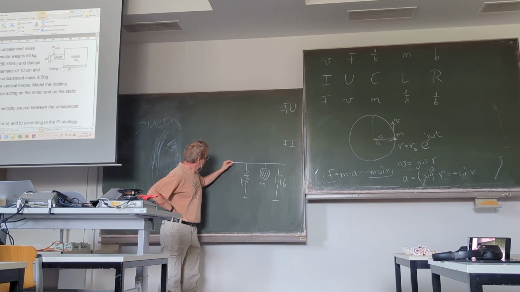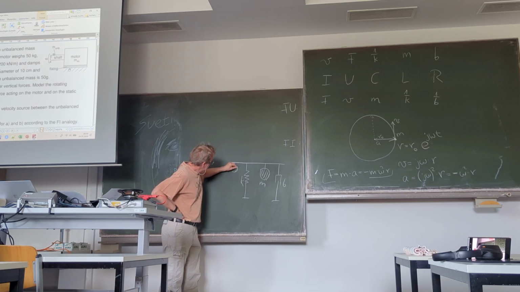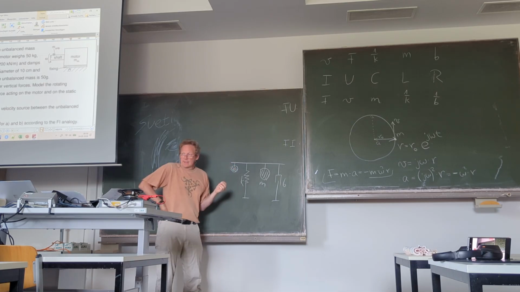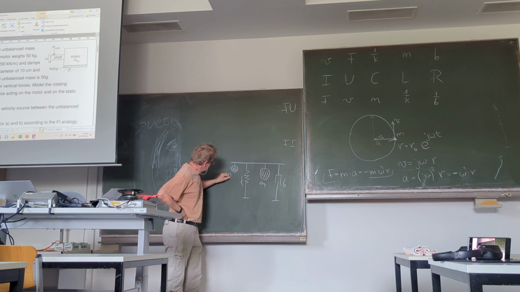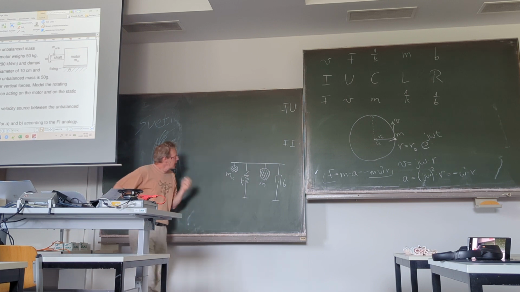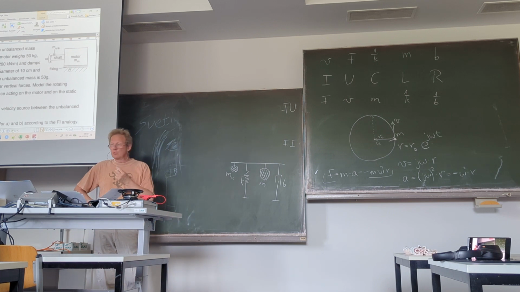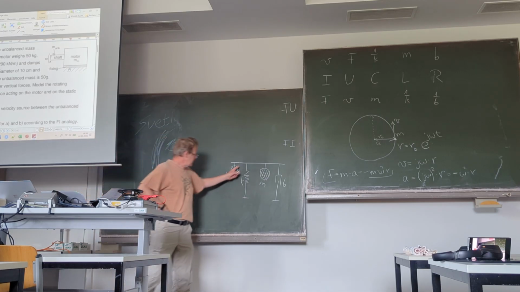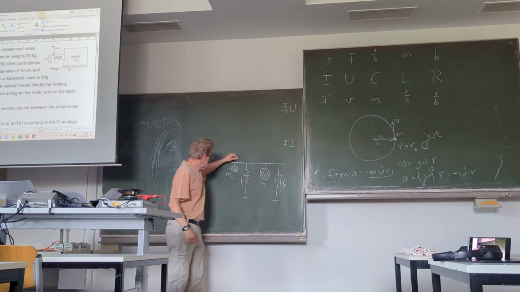It's connected to our mass, so we have this second, smaller one, and let's call it mu for unbalanced mass. And we have this centrifugal force, another force which acts here on the link.